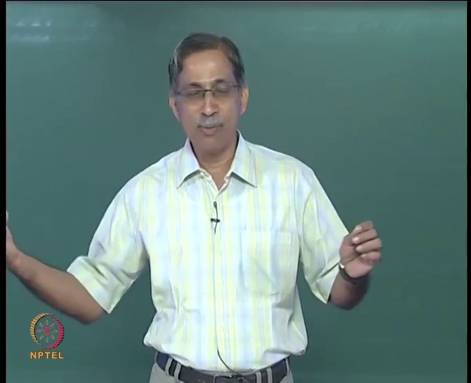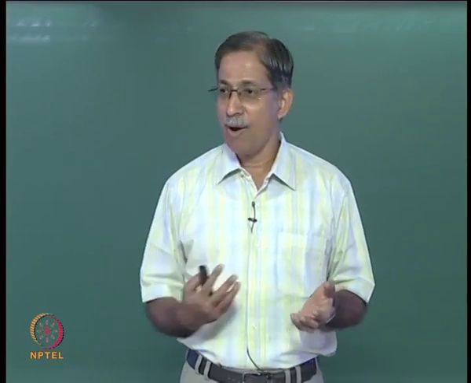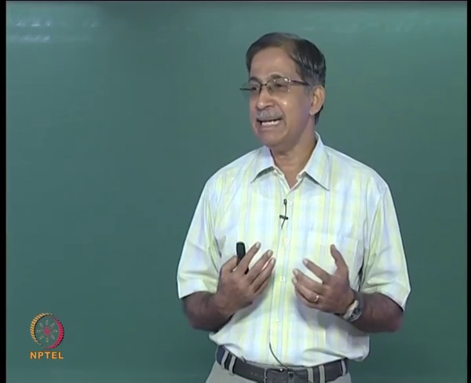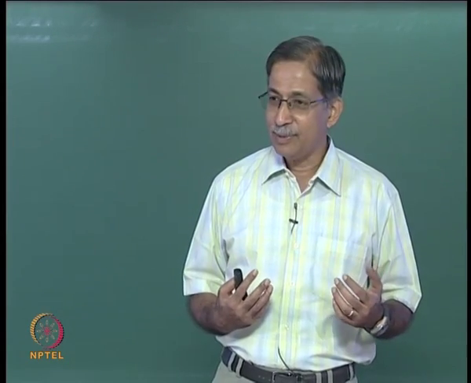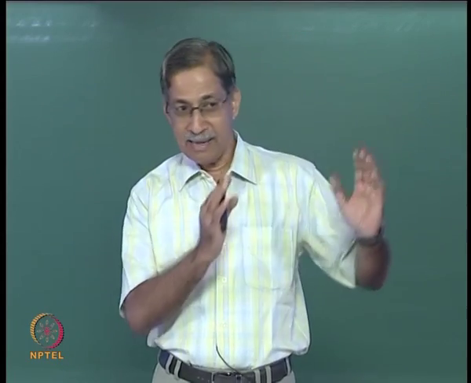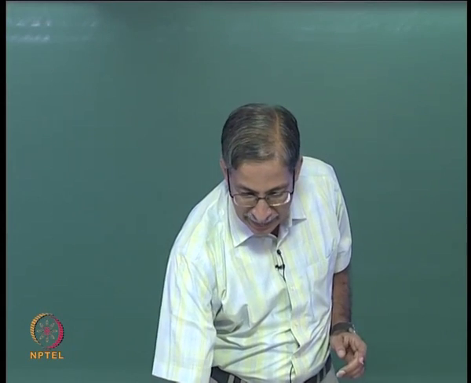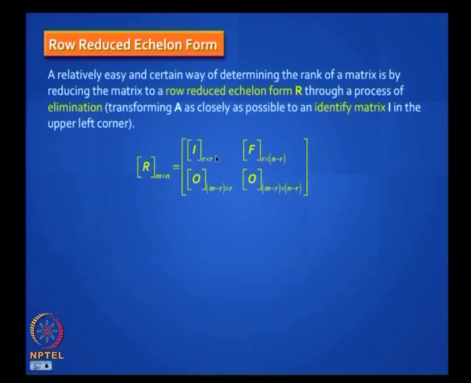You can multiply a row with 2 and subtract 3 from the next row and so on. Those are row operations, but you do them so that you can get an identity matrix in the left hand uppermost corner. So you get an I matrix there, and the idea is to get 0 below.